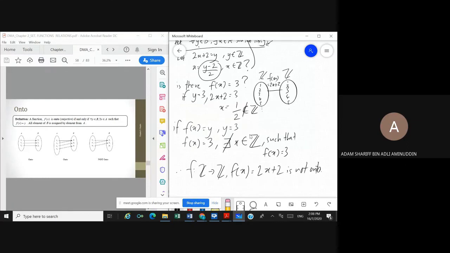When you say onto, you cannot run away from stating the domain and codomain. And in any question of function, I must state what is the domain and also what is the codomain.